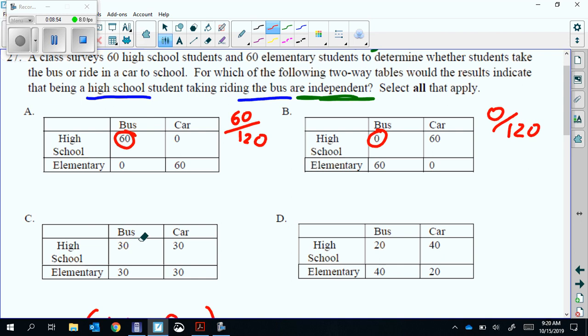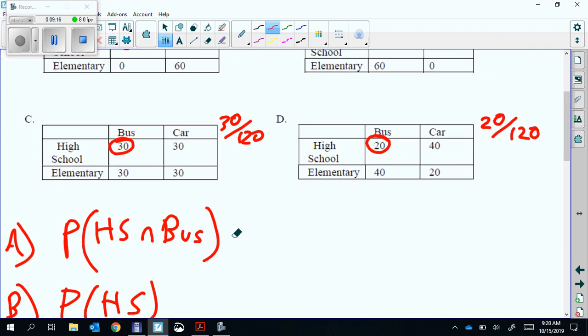Probability of being a high school student riding the bus, that's 30 out of 120. And then here, this is 20 are high schoolers and ride the bus out of 60 and 60. That's 120 also. These are all out of 120 total. So that's all of our part A questions here.